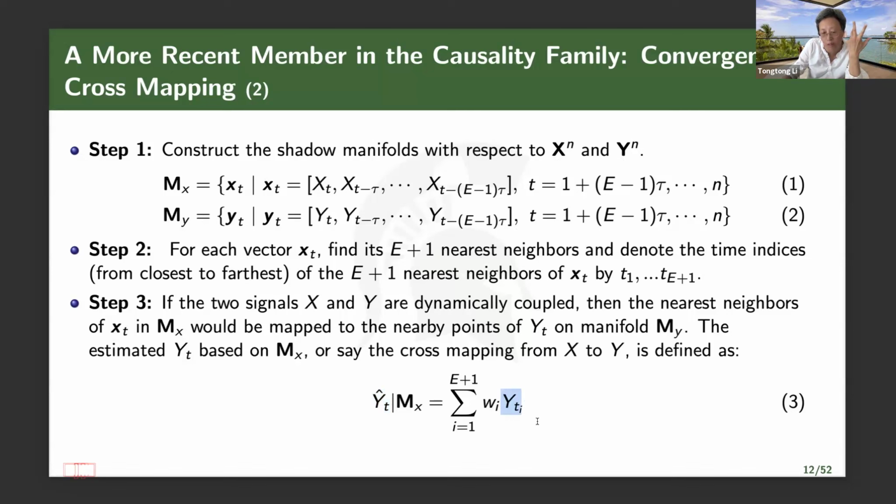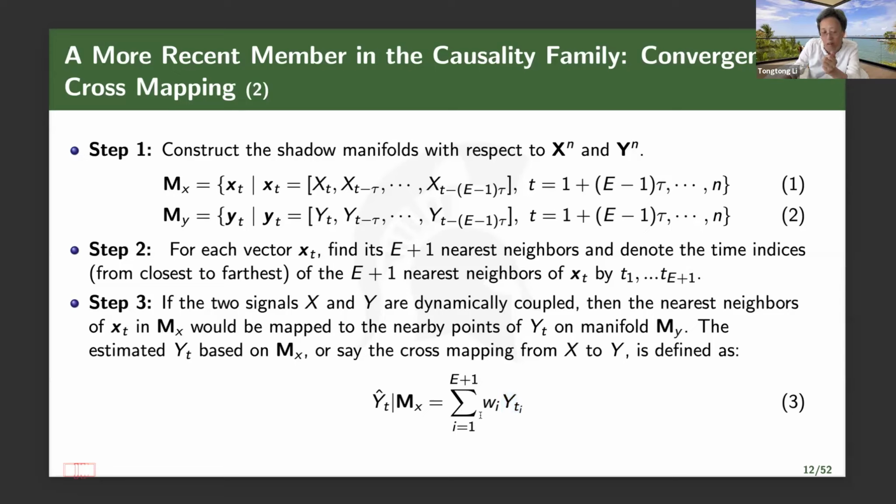So we can see the biggest difference here between CCM, convergent cross-mapping, we just call that CCM, and Granger causality. Granger causality uses the neighbors of y_t in time, so y_(t-1), y_(t-2).